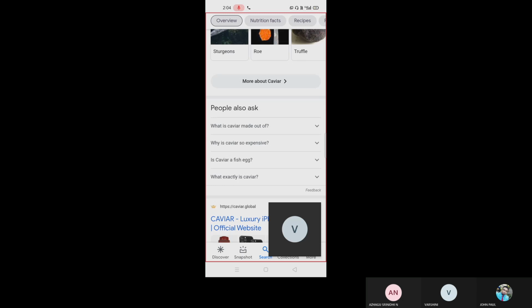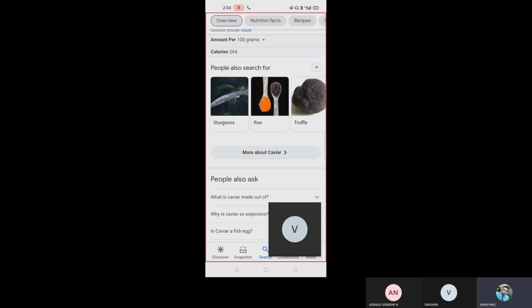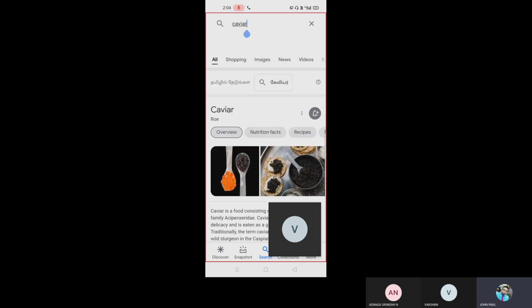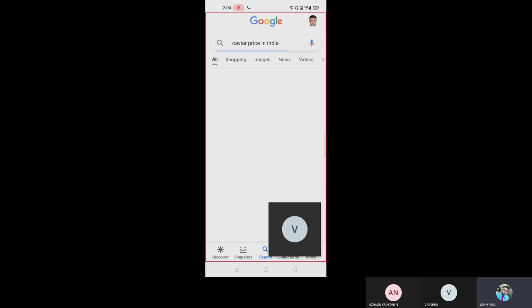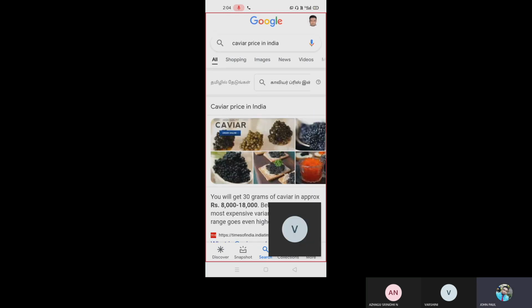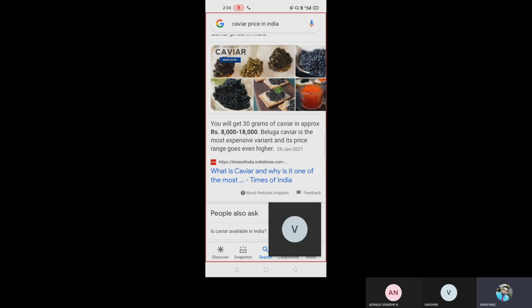They actually take this from fish. So what is the price? Can you guess? That is 30 grams. You can see 30 grams costs 8,000 to 18,000 rupees.